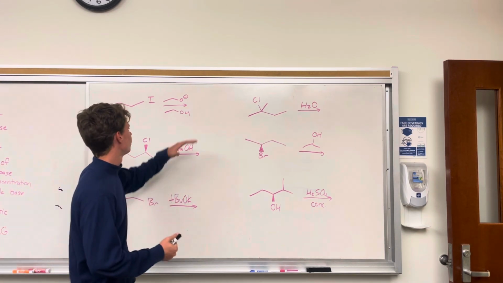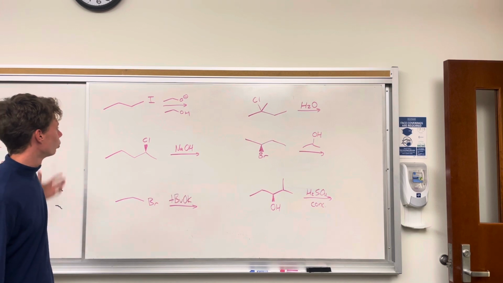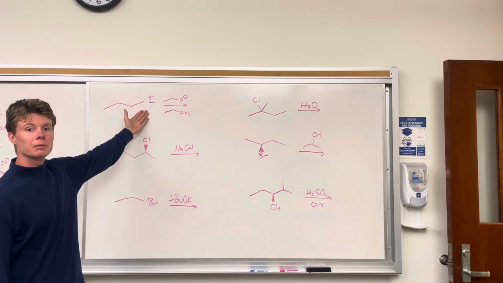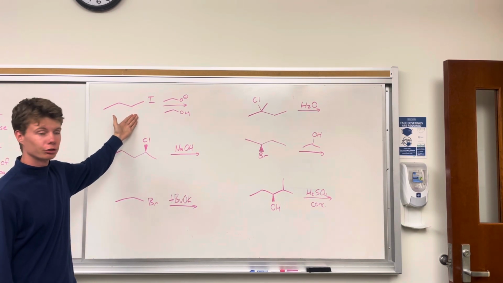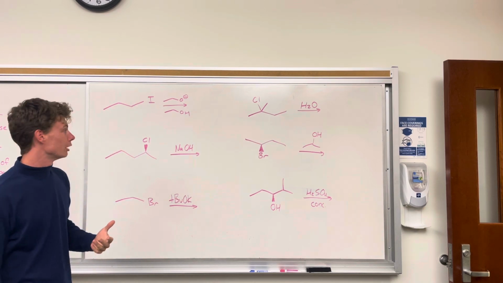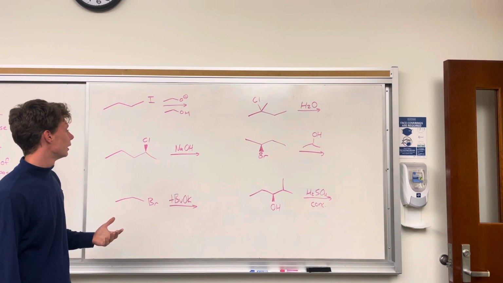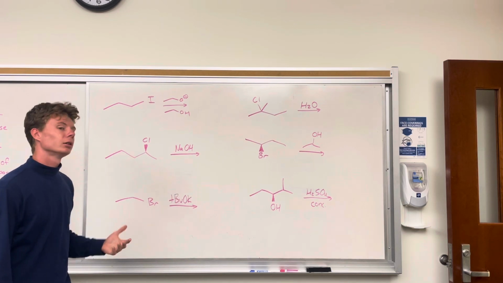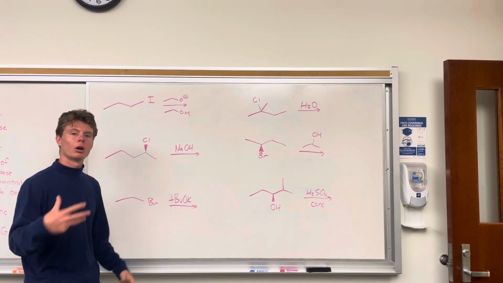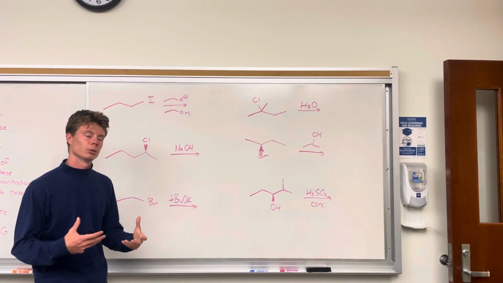All right, this first example here, what do I see? I see I have a very good leaving group of iodine in the primary position, okay? So that's a pretty good indication that I'm probably going to do an E2 reaction. Well, E2 favors actually all of them. That'd be more like an SN2 thing.